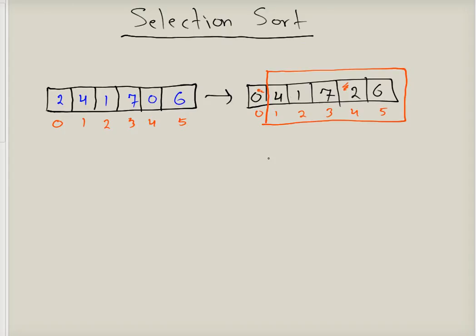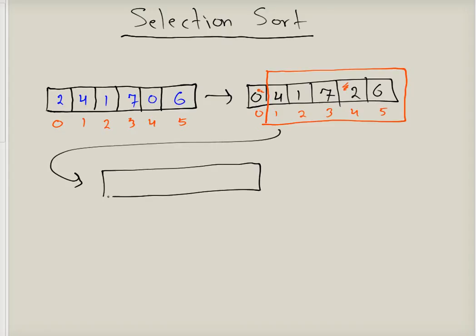Okay, so let's make a new array here. This is going to come over here with the following indexes: 2, 3, 4, 5, 6. So our current array is going to look like this: 0, 1, 4, 7, 2, and 6.